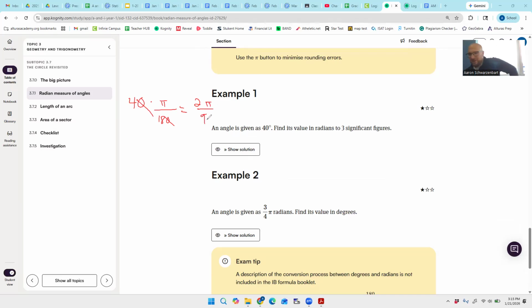That would be my preferred way to leave it. But seeing as the directions said to give it to 3 significant digits, I will take my calculator and go 2 times pi divided by 9 and get 0.698.